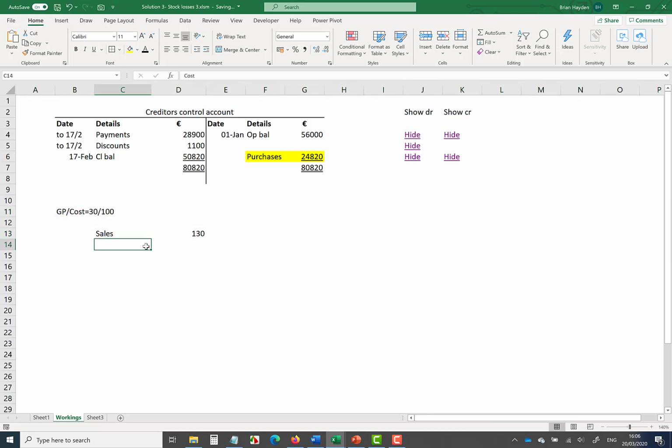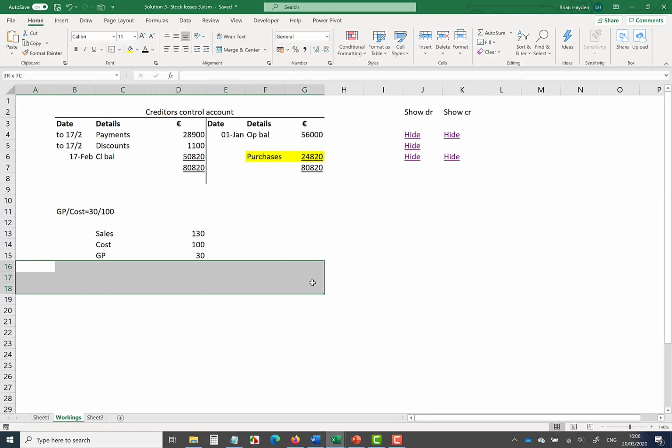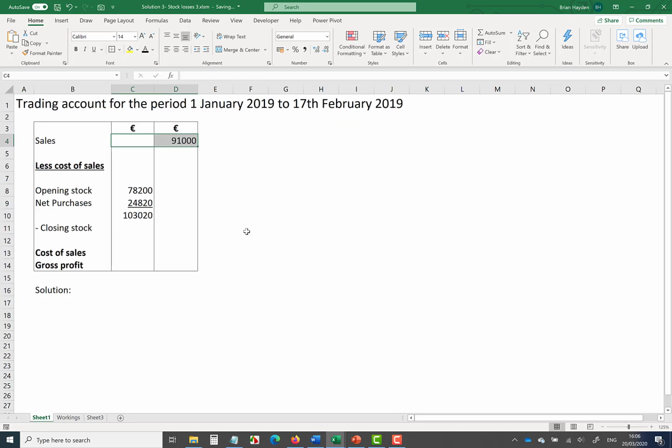And if we set out a template where we say gross profit is 30 and cost is 100, you can say that gross profit over sales is 30 over 130. And that's the key insight that is necessary to advance the question. Because we know what the sales value is. We know that the sales value in actual fact is 91,000 euros.